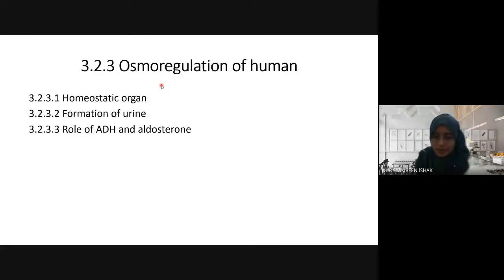This is done by the homeostatic organ, which is the main organ, the kidney. Then we are going to look at the formation of urine and the role of these two hormones, ADH, antidiuretic hormone, and also aldosterone. So kidney, as you know, is the homeostatic organ.